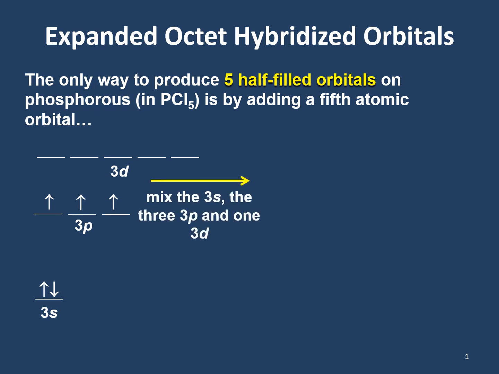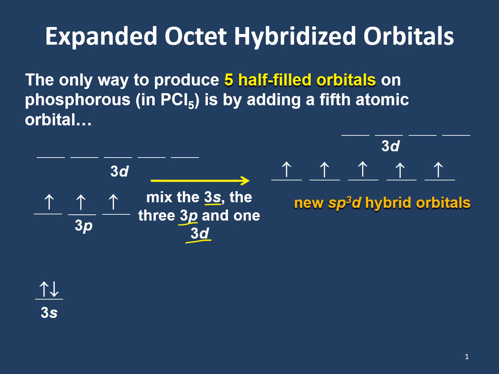So how does this occur? Well, we say, at least right now, that the 3s, 3 of the 3p orbitals, and 1 3d orbital mix together to give us our new sp3d hybrid orbitals. We get then 5 unpaired valence electrons that can bond with the unpaired valence electron in chlorine and give us sigma bonds between each chlorine and the phosphorus atom.